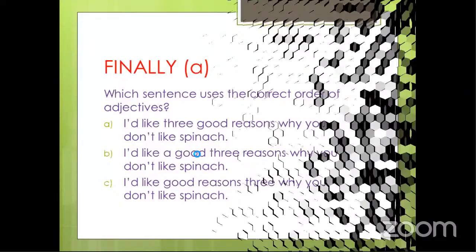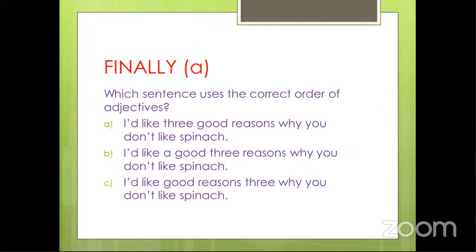Okay. Finally, as a last slide, which sentence uses the correct order of adjectives? A, I would like three good reasons why you don't like spinach. B, I would like a good three reasons why you don't like spinach.